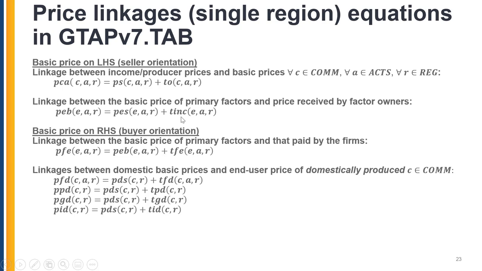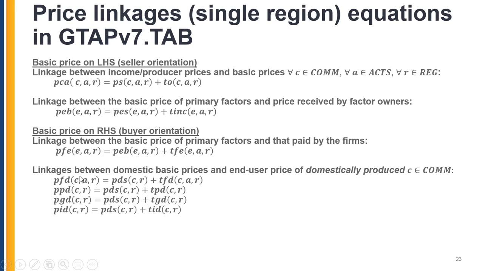So if your current simulation has 0 and 0, then we expect these prices to move together. PES moves as PEB does because there's nothing here changing. The change will stay at 0. The wedge will be constant. So they'll move together, and of course these would move together if there's no tax here. So you could see lots of price linkage opportunity with very little effect.